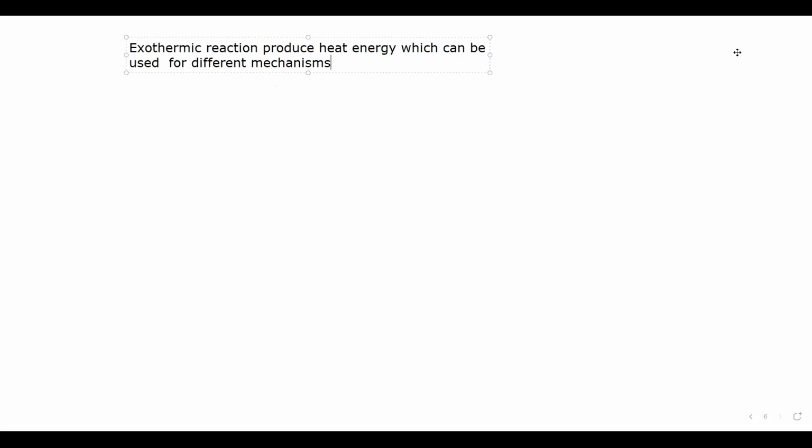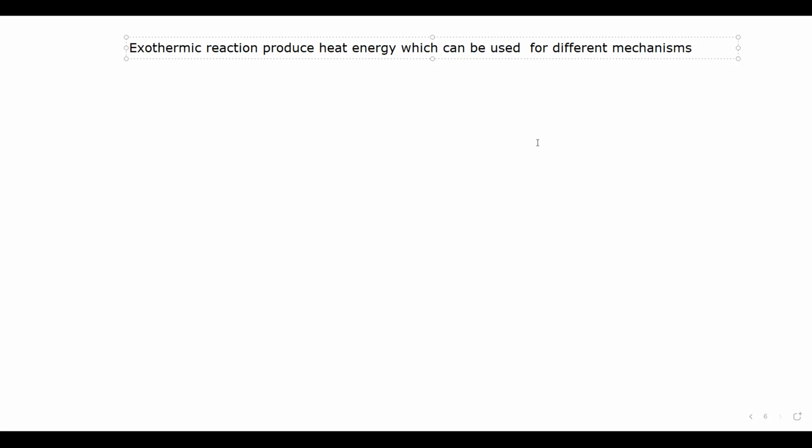As we know, exothermic reactions release energy, and that energy can be used. For example, we can use that energy for cooking food. That is how we cook food: we are burning methane, the natural gas, and that produces heat energy. So we can use it to cook food.